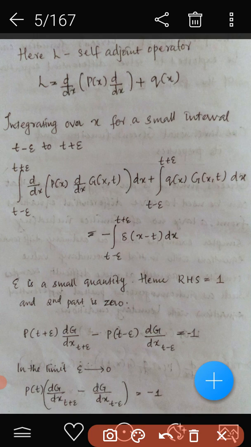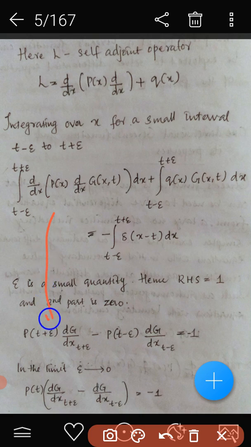Epsilon is a small quantity, so the second part is 0, and the right-hand side is 1. We use the property of the Dirac delta, and since epsilon is small, the RHS is 1 and this part is taken as 0.